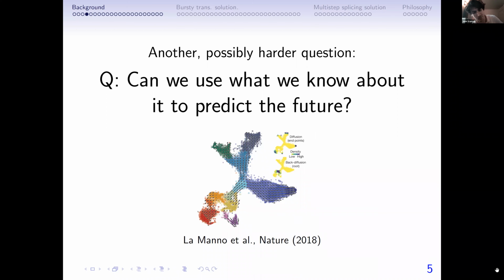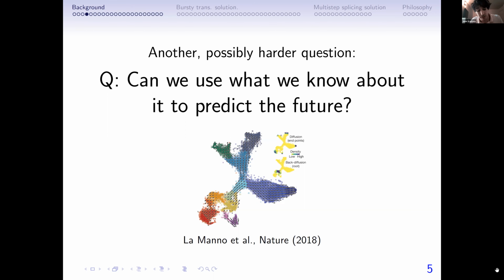And while it has some technical issues with it, I think the general principle is interesting and probably can be carried a lot further, which is that if you measure the number of unspliced RNA in a single cell and the number of spliced RNA in a single cell, then in principle, knowing the number of unspliced RNA right now tells you something about the number of spliced RNA in the future, since one gets converted into the other.